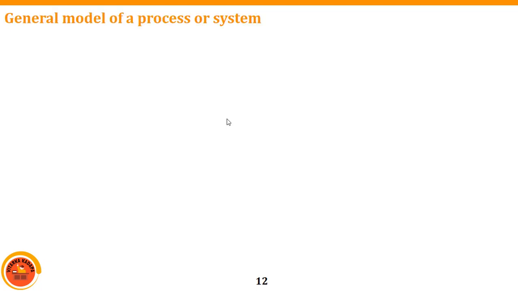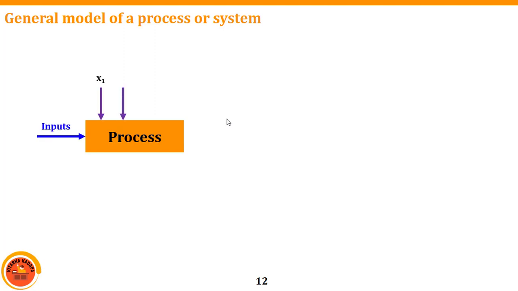So with this, I will go with a generalized model of a system or process. Any process will have some kind of input. Similarly, this process happens with some controllable factors, multiple controllable factors will be there.